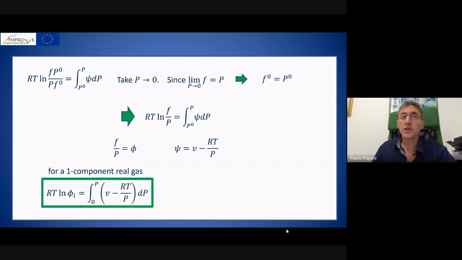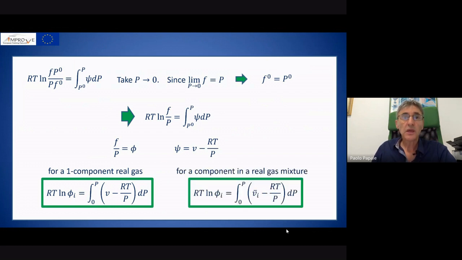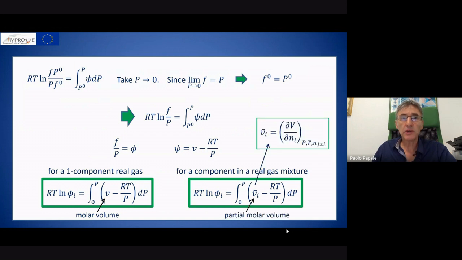I have derived the expression for the fugacity coefficient of a pure substance, but I anticipated that the reasoning is completely general. It also holds, with minimum adjustment, for a component in a mixture. Here it is. In this case, instead of the real molar volume of the substance, we have the real partial molar volume of the component. For example, the partial molar volume of water in a gaseous mixture of water and carbon dioxide.